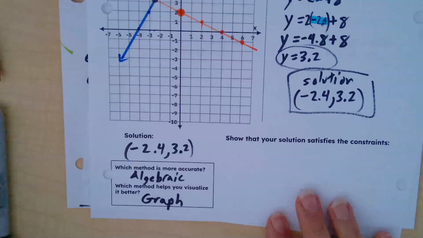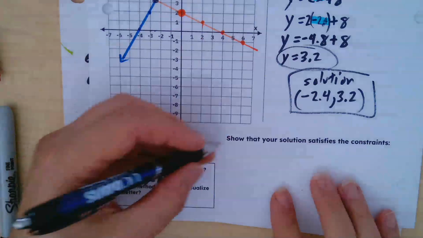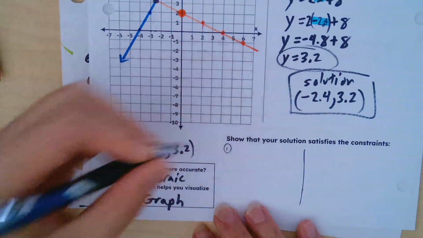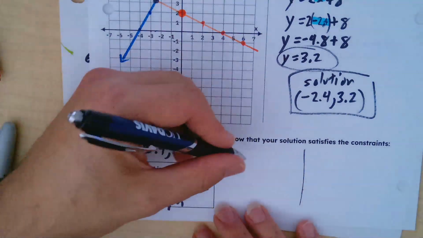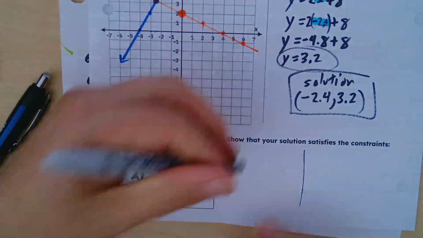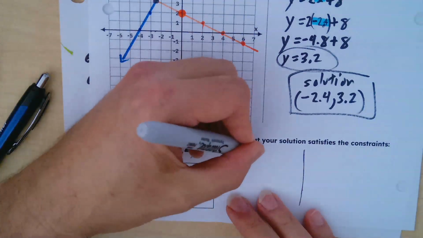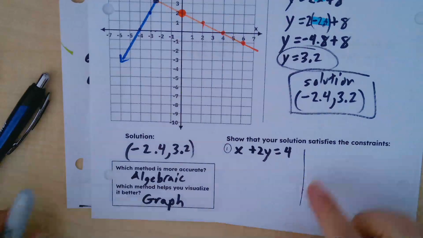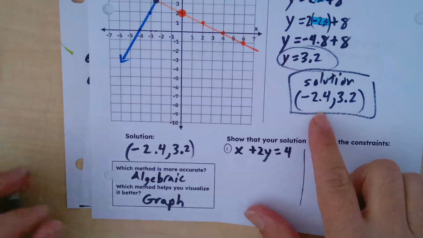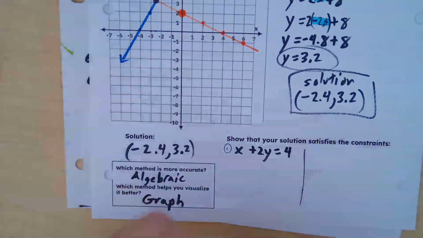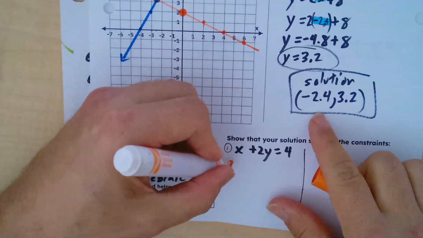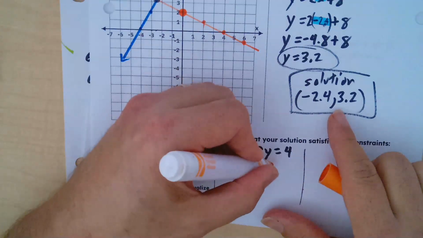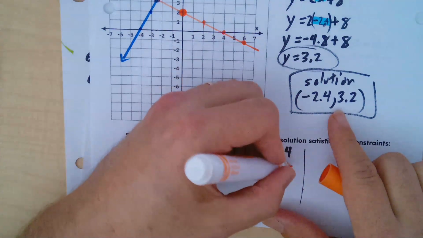Okay, so they want you to show that this satisfies the equation. So let's look at it two different ways. So from equation 1, equation 1 was x plus 2y equals 4. So I'm going to substitute x with negative 2.4 plus 2 times 3.2 equals 4.